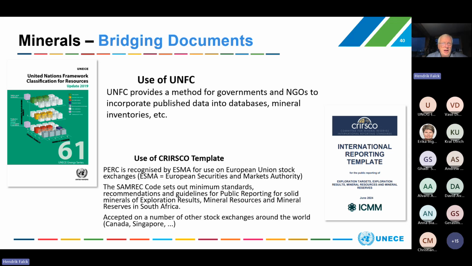It can be used by NGOs or other financial organizations to assess different projects and see how projects are evolving through time. It has a variety of other uses beyond just the reporting of a resource to a stock exchange.